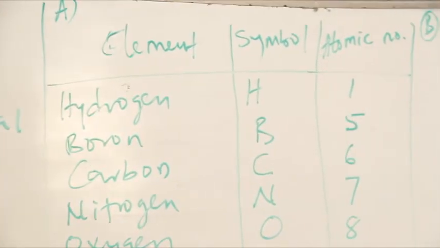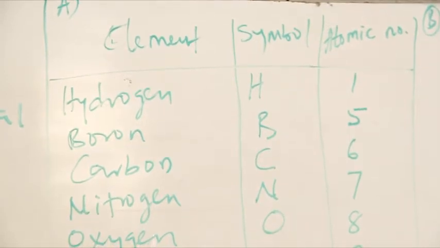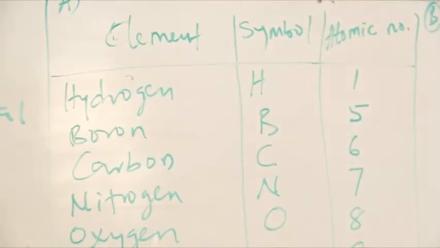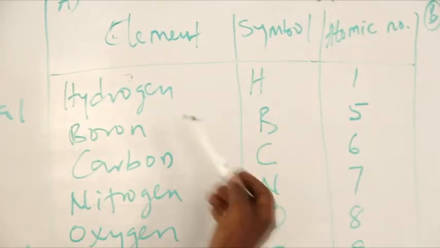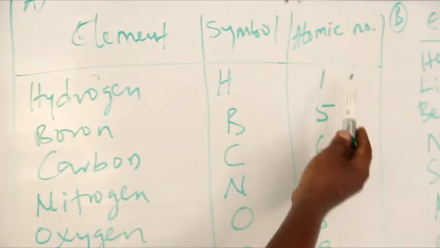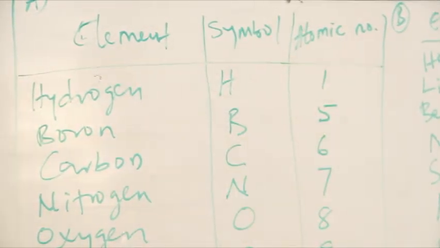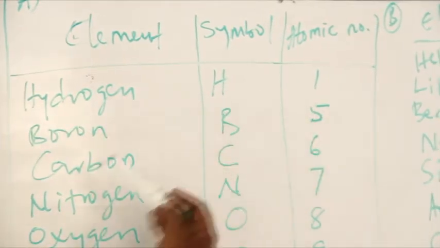In this derivation, each element was given the first letter of its name, written in capital letters. According to the table, we have element, symbol, and then the atomic number in the periodic table. We have hydrogen, the symbol is H and the atomic number is 1.